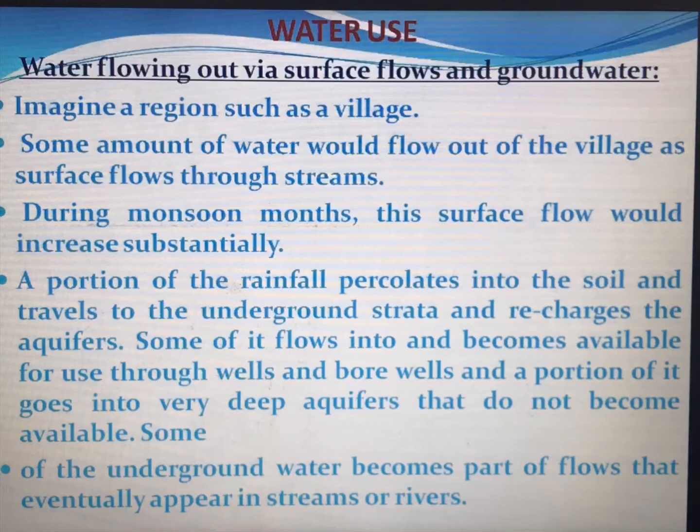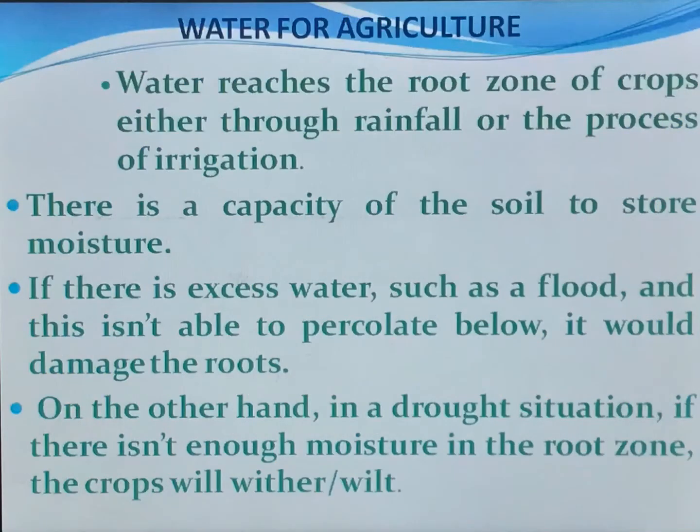Now let's see for what purposes we use water in our daily life. The first one is water for agriculture, though we have other uses as well. Water reaches the root zone of crops either through rainfall or the process of irrigation.